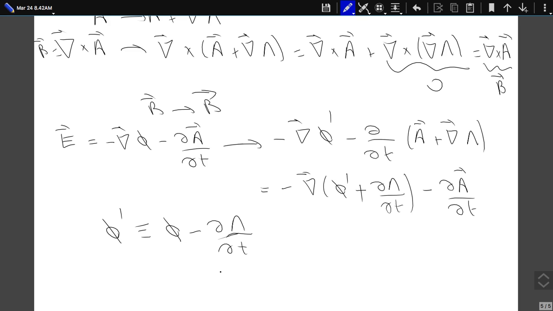Now let's see what these transformations do, for example, to the divergence of A. Let's say we are given an A field. Somebody tells us that I have this E and B field, the corresponding vector potential is A, and the scalar potential is phi. Well, if I make that transformation, the divergence of A will become the divergence of A plus the Laplacian of lambda.